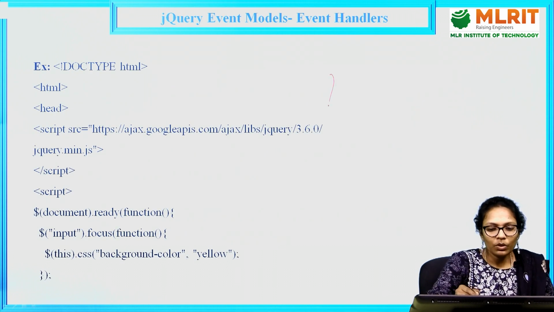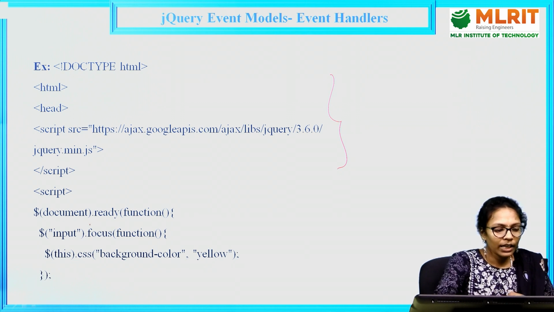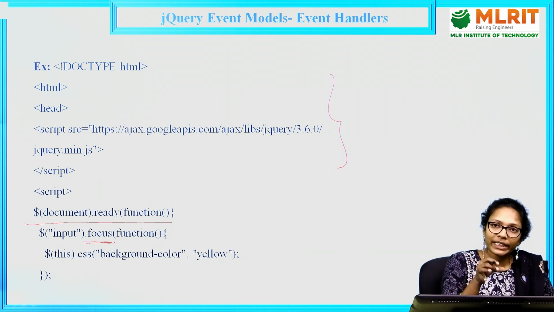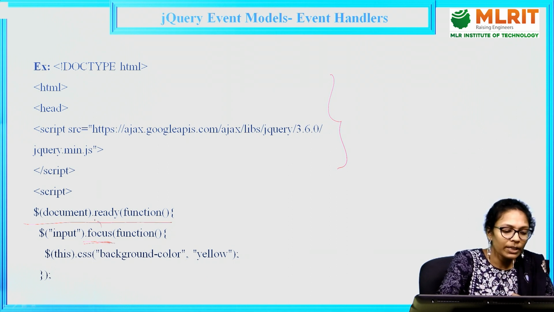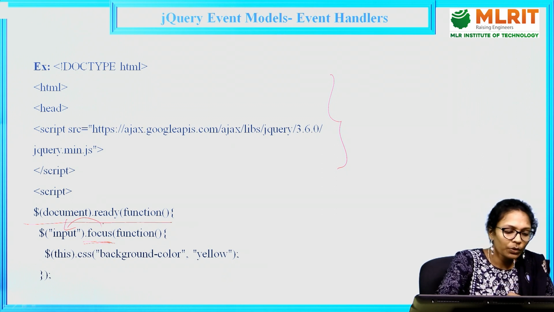So this we know is common, the library to use the jQuery library files. And I want to execute this code whenever my document is ready. So I want to apply this event focus, right? So what is this focus? Whenever you enter into that element. Which element? The input element. Whenever you enter into this input tag, then this function will be executed.